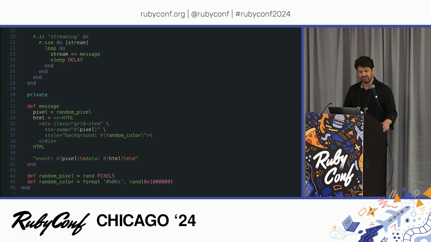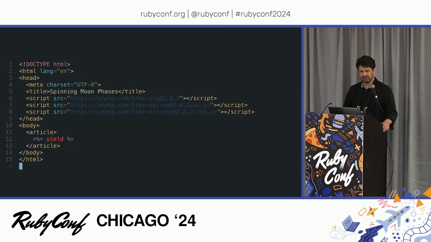So we have a div. The class is going to be a grid item. And we're going to SSE swap. So we're going to use the HTMX SSE extension to just swap the div with the pixel number of the pixel that we're wanting to swap with a random color. And then I just have a couple of Ruby methods down below to pick a random pixel and give it a random color.